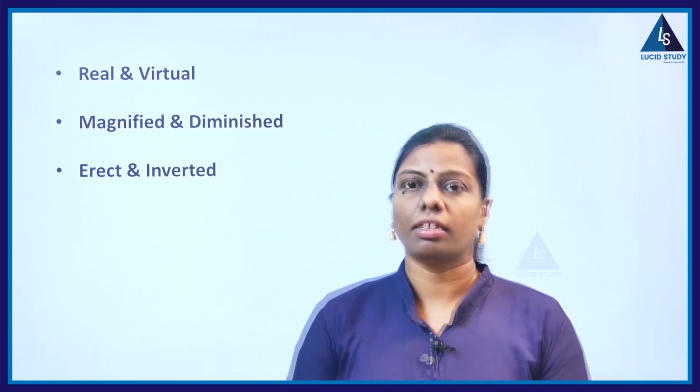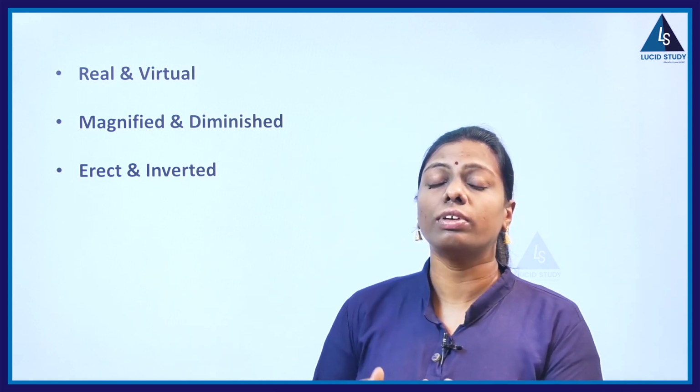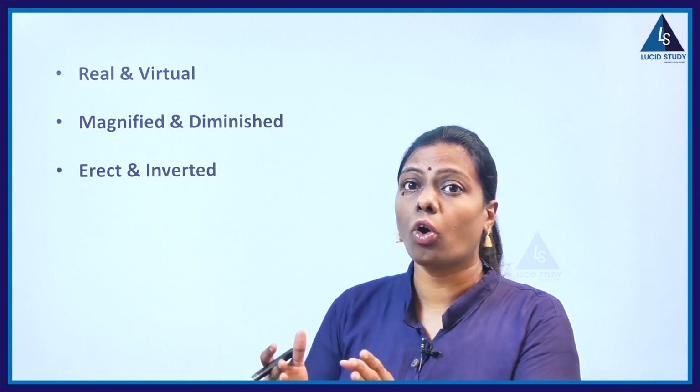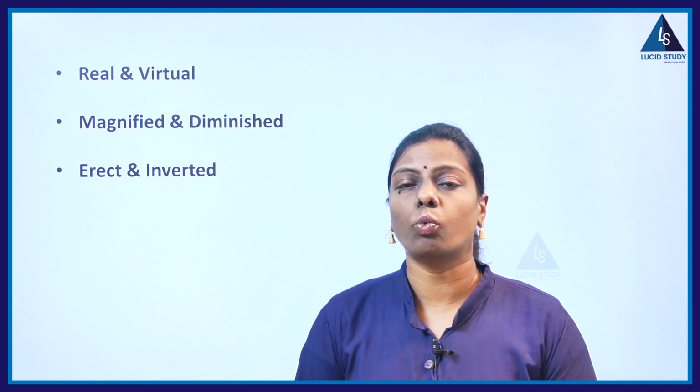Real image: the image which is formed on a screen is called a real image. The image which is formed by extending the rays backwards and which cannot be formed on a screen is called a virtual image.